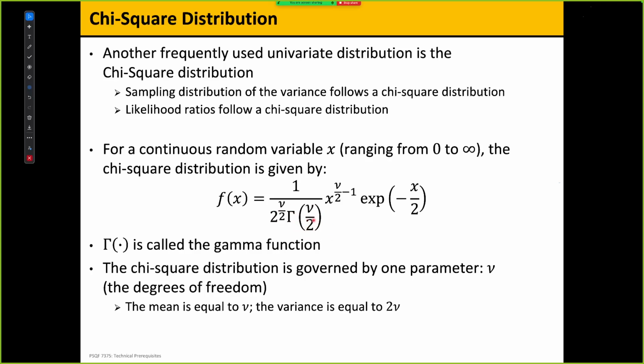This is actually a gamma function, which you can look up on your own, evaluated at nu over 2. Multiply that by the random variable x raised to the power nu over 2 minus 1, times e raised to the power of negative x over 2. Of course, I don't know about you, but I put that on a tattoo on my back. That's how important that one is.